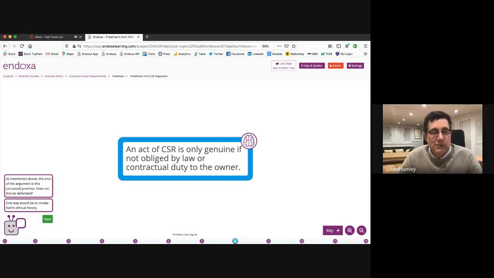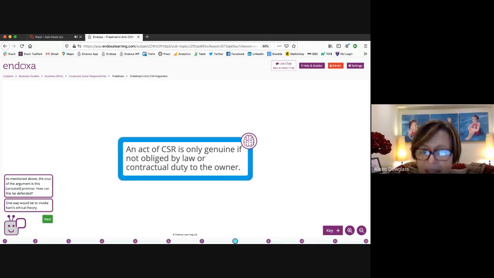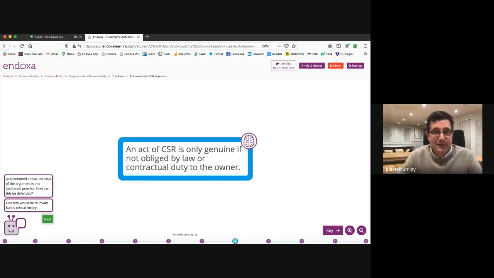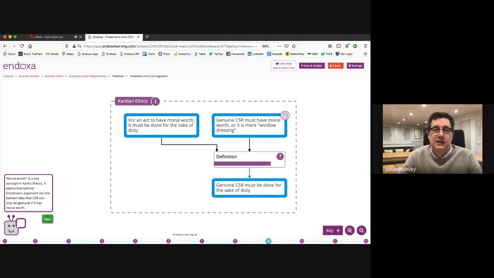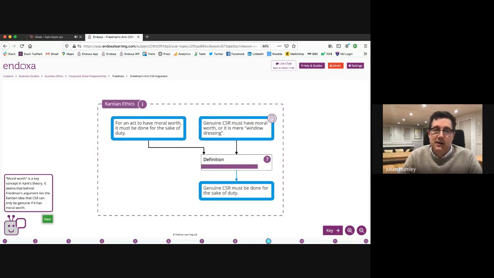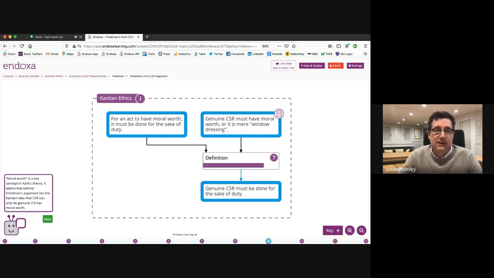And we're going to use Immanuel Kant's ethical theory for this. Great, I like Kant. Yeah, so do I actually. So for the next step, we're going to spend three steps looking at how you would defend this premise by using Kant.